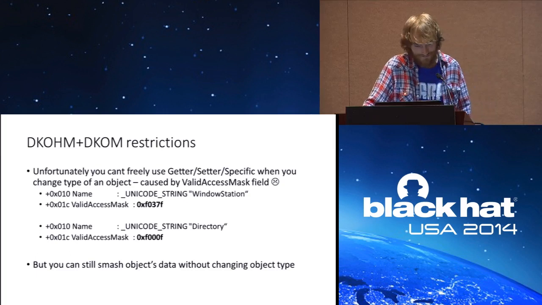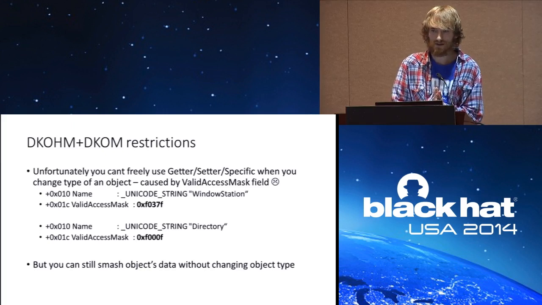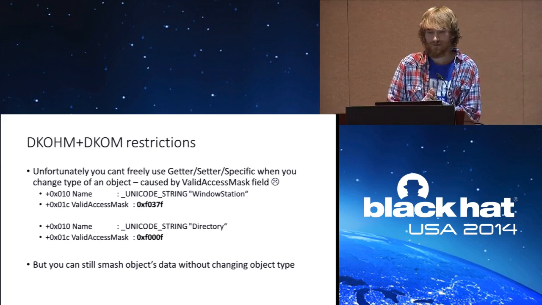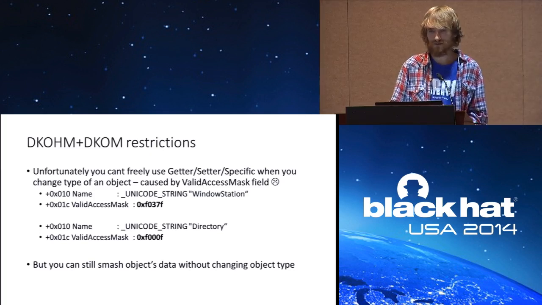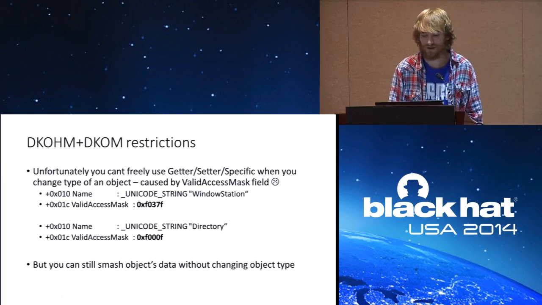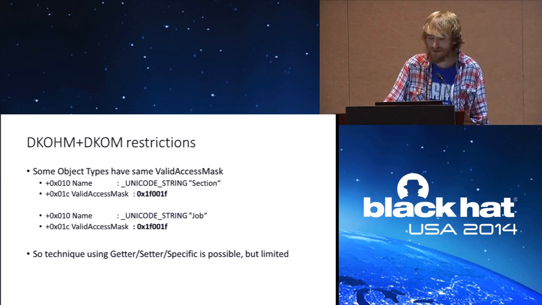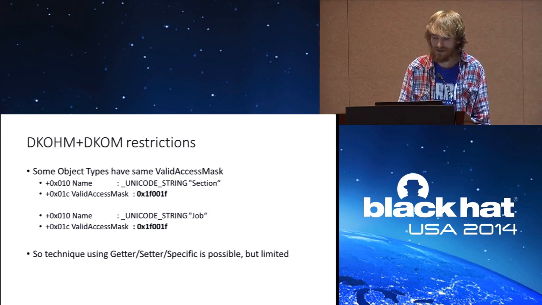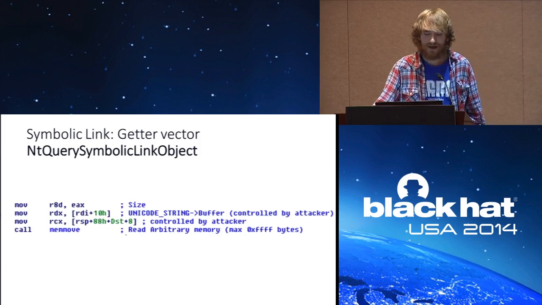But the object type has a field, valid access mask, so you cannot freely use this way of accessing the smashed object, because you have to find object types that have the same valid access mask, or just don't change the type, so don't use type confusion, just object data corruption. But the good thing is that some object types do have the same valid access mask, so you can play with that. For example, talking about getter and setter.